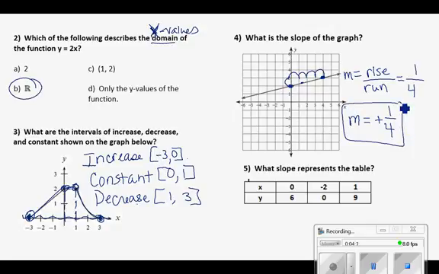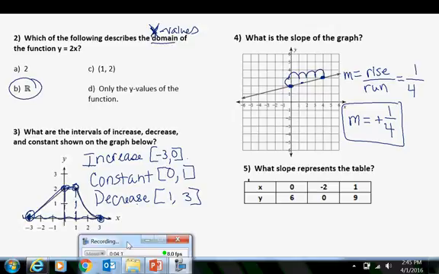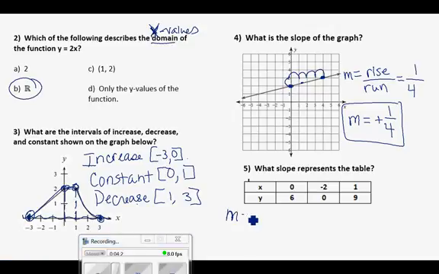Number 5, what slope represents the table? This is where you could choose to graph it, or you could use the slope formula. So I'm going to choose 0, 6 as an ordered pair, and -2, 0 as an ordered pair.